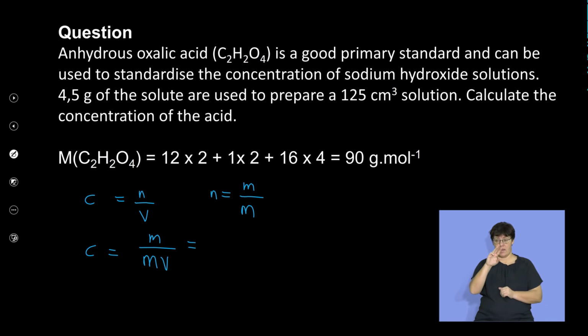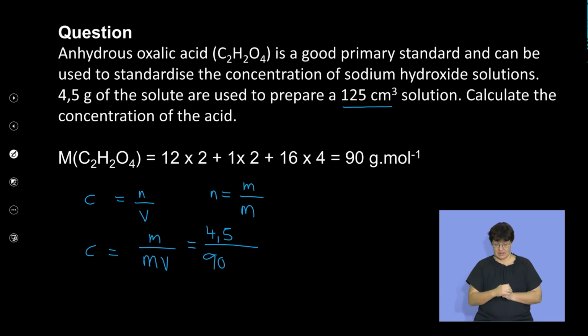multiplied by volume. So what is the mass of the solid that dissolves completely as we form this standard solution? It is 4.5 grams, divided by the molar mass of oxalic acid, 90 grams per mole. And then the volume of the solvent that is used to form this solution is 125 cubic centimeters.